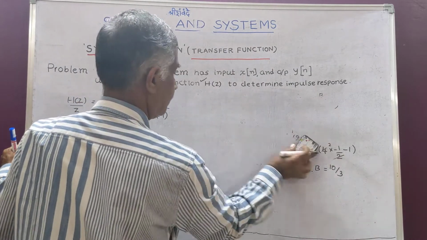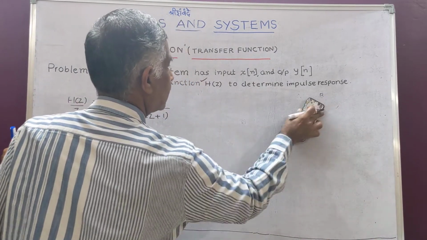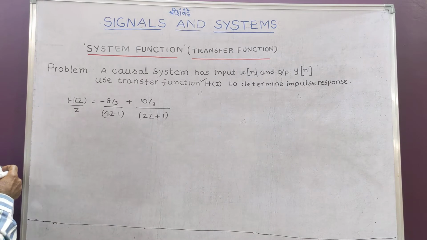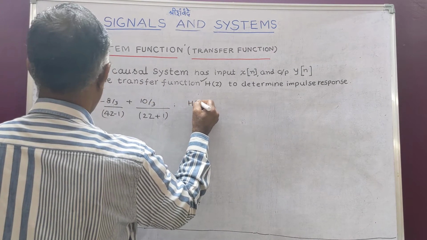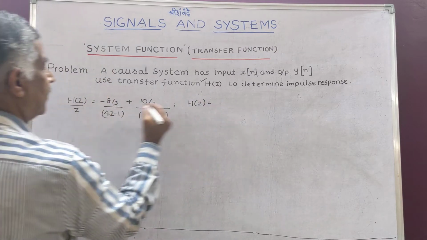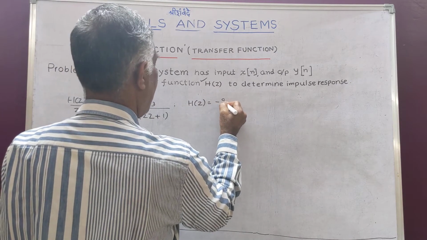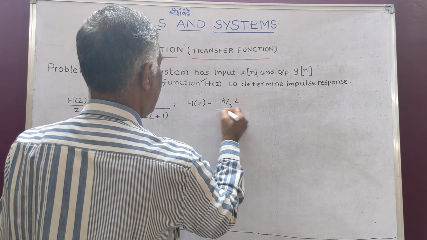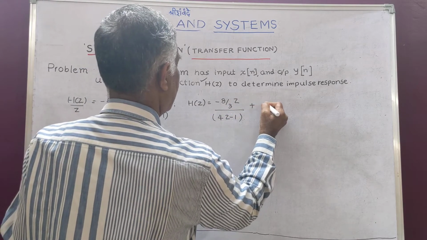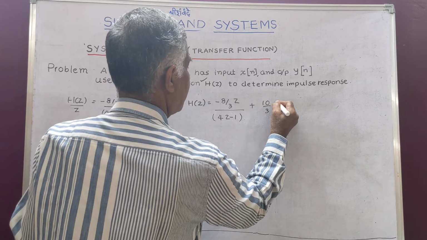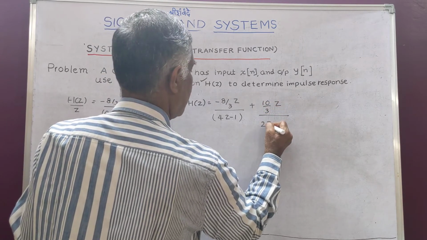Now H(z) = −8z/(3(4z − 1)) + 10z/(3(2z + 1)).